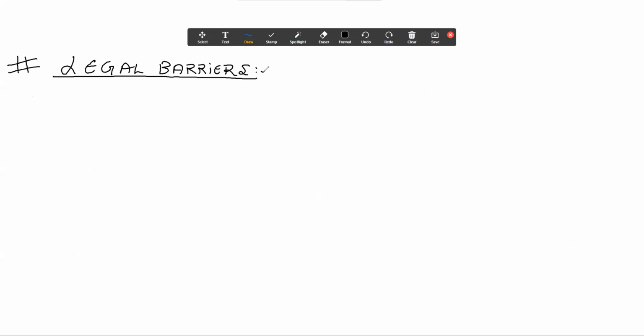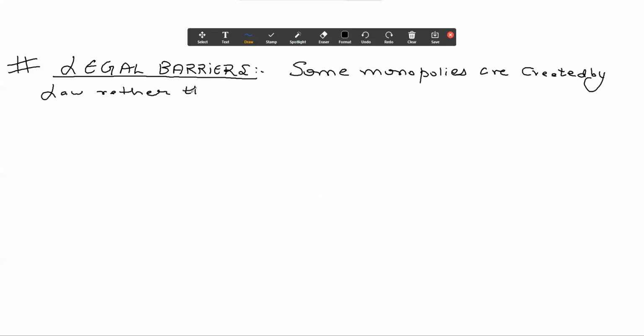Some monopolies are created by natural conditions. Some monopolies are created by law, okay? So some monopolies are created by law rather than economic conditions.